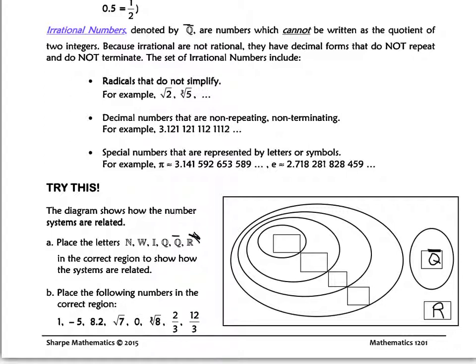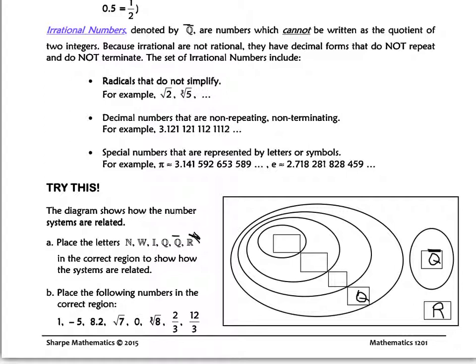All right, the next circles that are embedded within each other all represent rational numbers, which can be broken down into subsets of natural numbers, whole numbers and integers. Because the rationals are the biggest group here, the rationals would be the outside circle, and that would contain the integers, the whole numbers and the natural numbers.